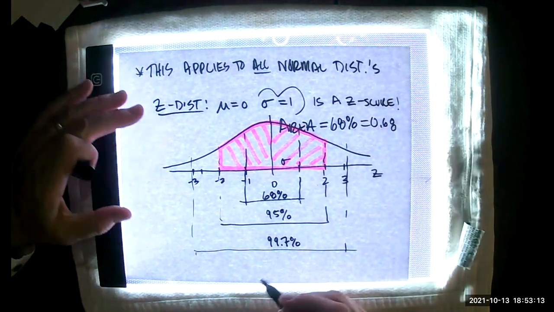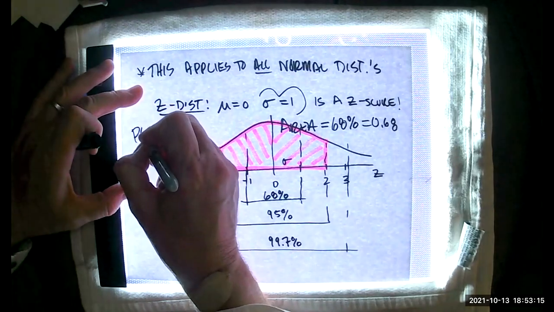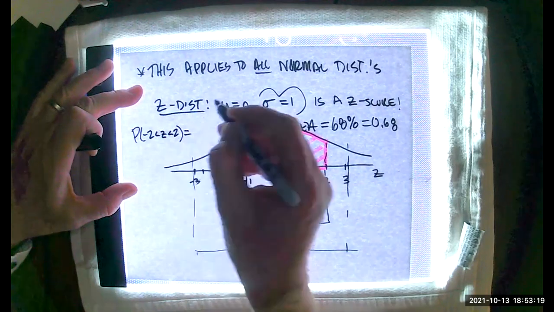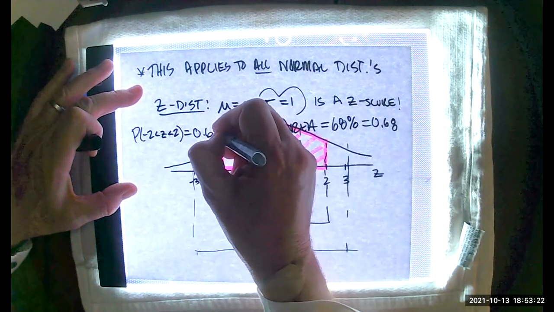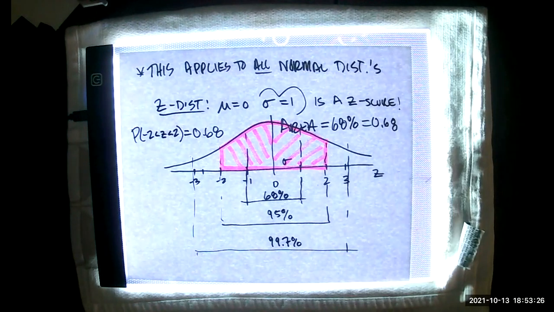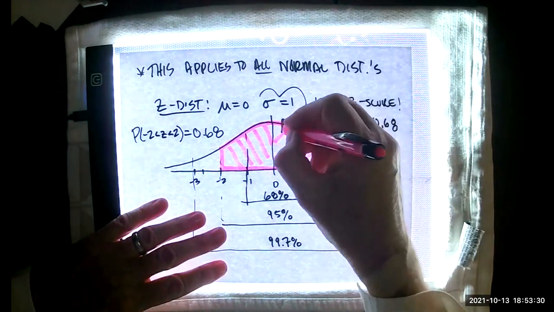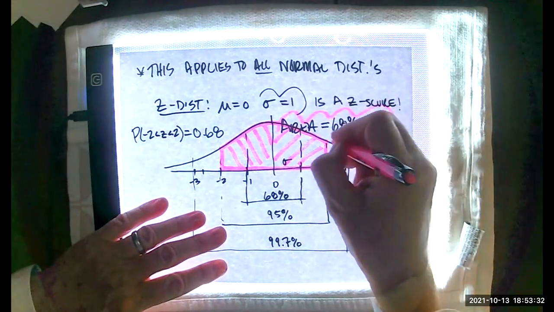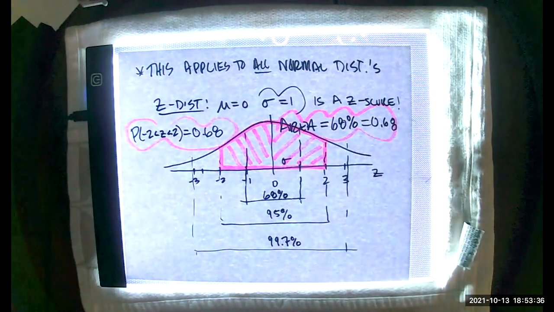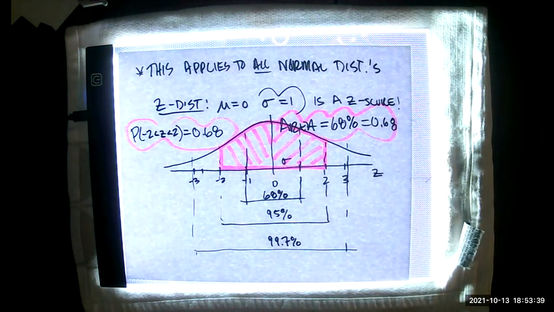What that means is the probability that we have a z-score between -2 and +2 is 0.68. Now, I know that because I know the empirical rule. What does not work for me in this scenario is any sort of length times width formula. There's no more recourse to that particular notion.